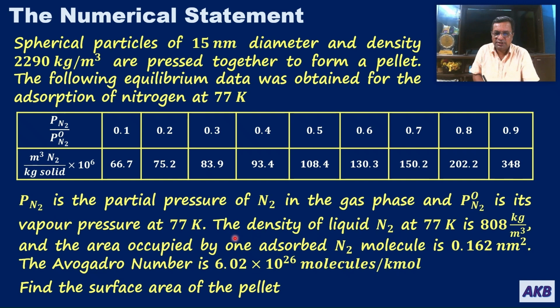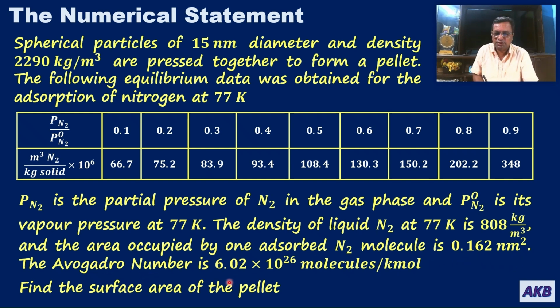The density of liquid nitrogen at 77 Kelvin is given to us, it is 808 kg per meter cube. And when one nitrogen molecule goes on the surface of the adsorbent, it is going to occupy an area of 0.162 nanometer square.